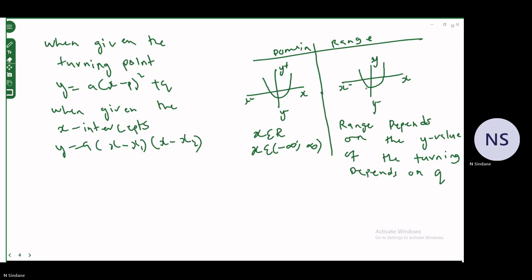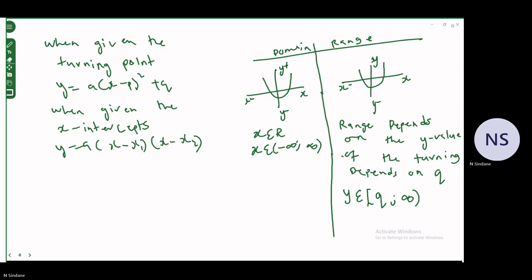So, if you look at this graph, it is a smiley face. Therefore, my range must be what? Not x, but y. y is an element of, from q up to positive infinity, right?